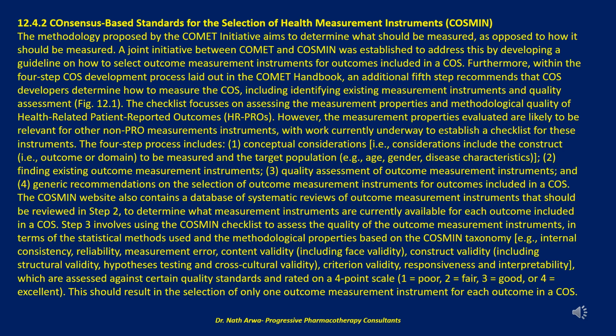Step 3 involves using the COSMIN checklist to assess the quality of the outcome measurement instruments, in terms of the statistical methods used and the methodological properties based on the COSMIN taxonomy, e.g., internal consistency, reliability, measurement error, content validity, including face validity, construct validity, including structural validity, hypotheses testing and cross-cultural validity, criterion validity, responsiveness and interpretability, which are assessed against certain quality standards and rated on a 4-point scale: 1 equals poor, 2 equals fair, 3 equals good, or 4 equals excellent.